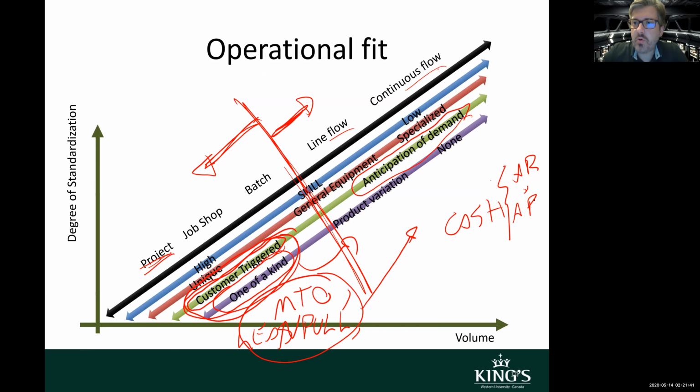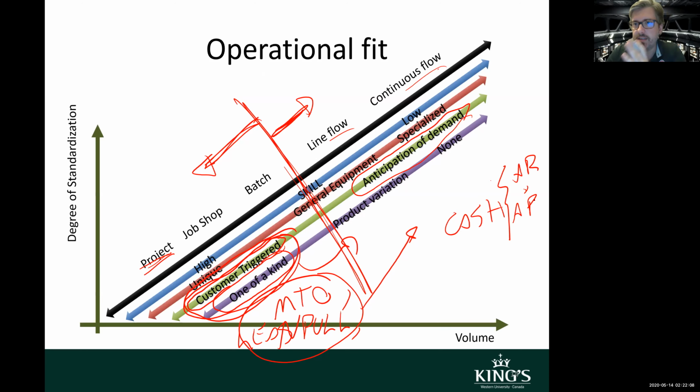Your accounts payable go up if your inventory goes up, right? And if you don't sell anything, your accounts receivable is low. So what you want to do is have accounts receivable going up and accounts payable going down, meaning less inventory throughout your supply in your operation, and therefore you will try to be as make to order as you can.